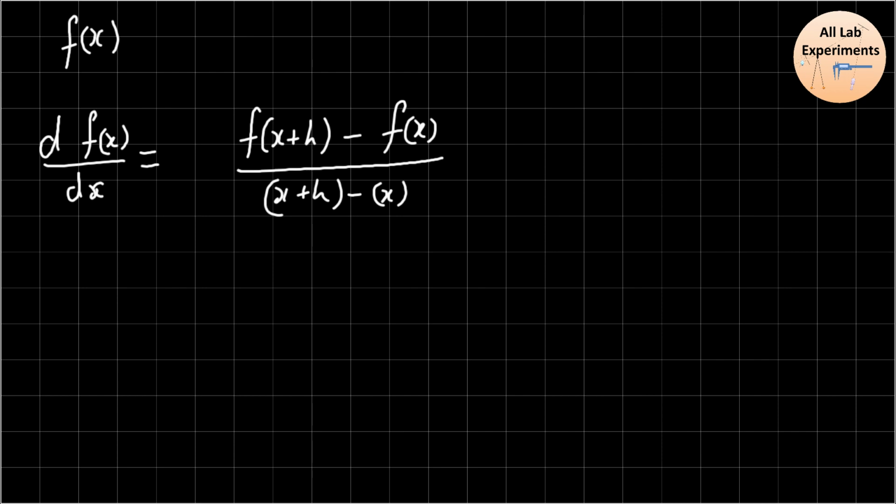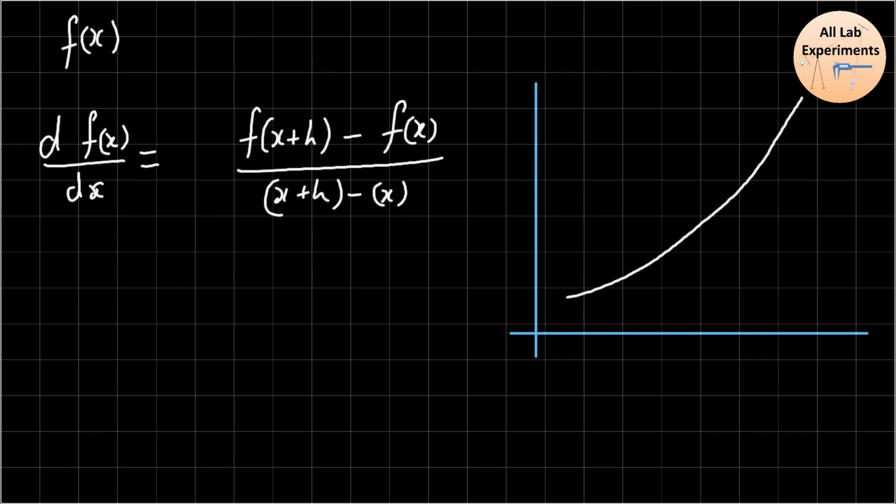Let's see how it looks in the case of a certain graph. Let me plot a graph. I plotted these x and y axes, and now I am considering there is one curve which is not a straight line. Now take one point which is x.